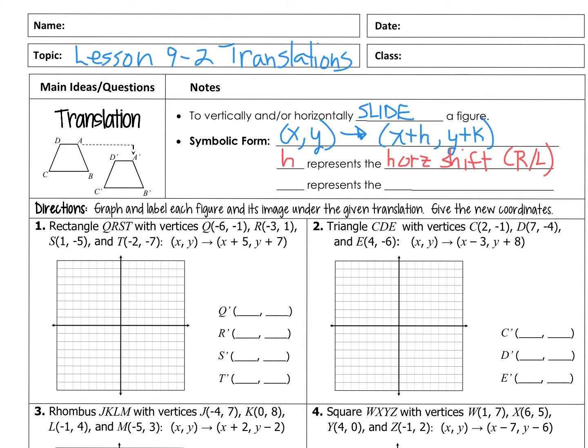Your K represents your vertical shift. So vertical means we're going to go up or down. So if your K is positive, you're going to go up, and if your K is negative, you are going to go down. So let's try a few.